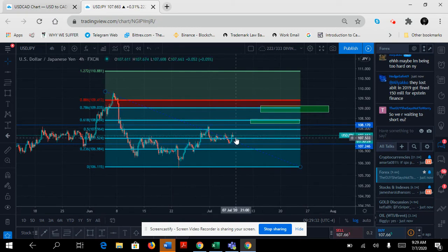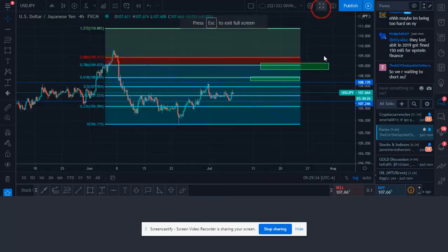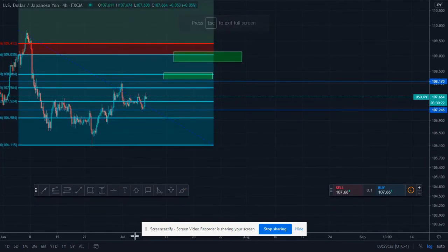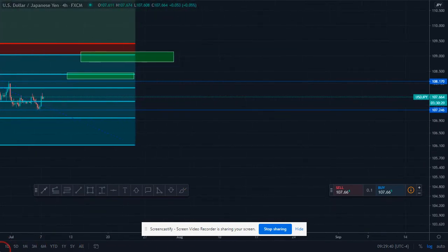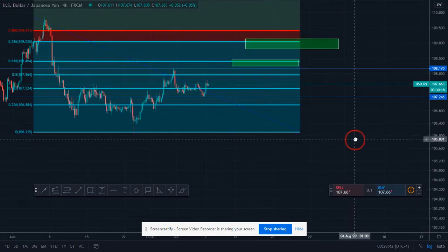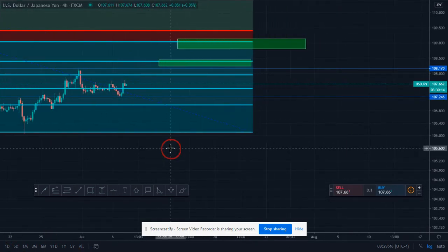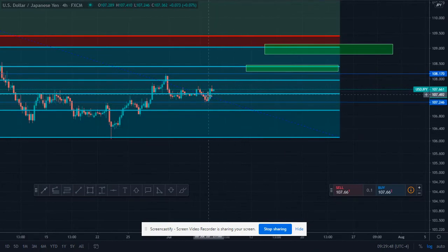But if this makes an inverted head and shoulders pattern, and this could be considered somewhat of an inverted head and shoulders already. I mean, we may get one or two more candles to form right here.